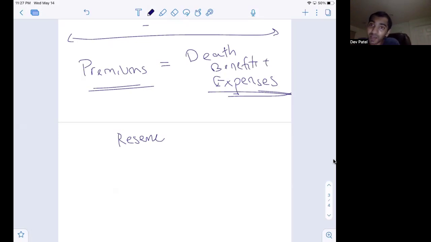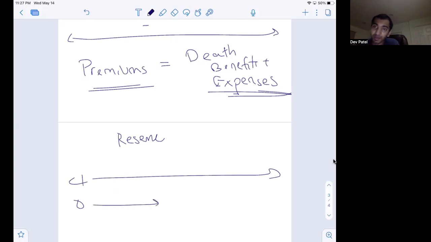So now, how do we calculate those reserves? Initially, the reserve at time step 0 is going to be 0, right? Because we've assumed the equivalence principle. It's the difference between the premiums and the death benefits plus expenses. But as we increase our time steps to 1 and 2 and 5, the difference between the premiums and the death benefits, if we don't have any expenses, will be referred to as the reserve, right?